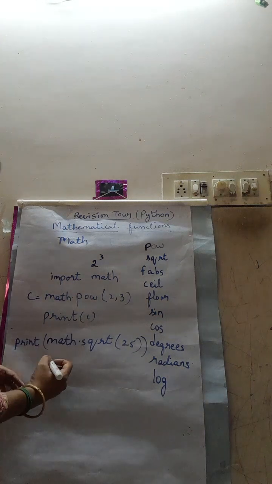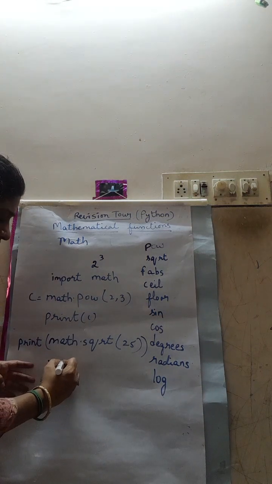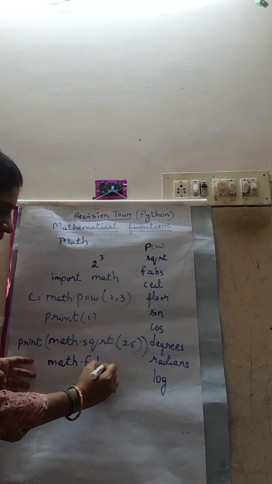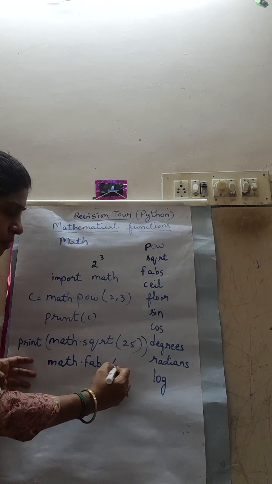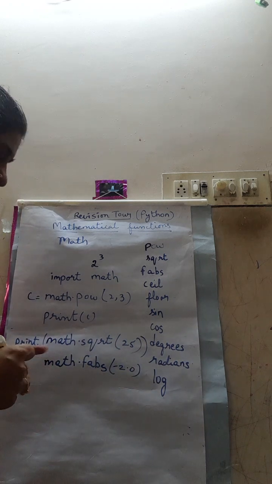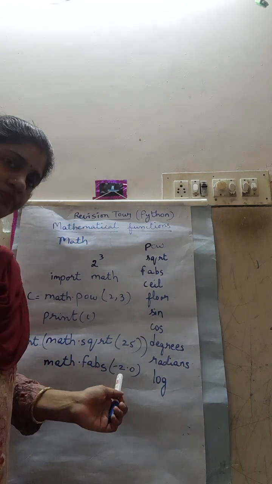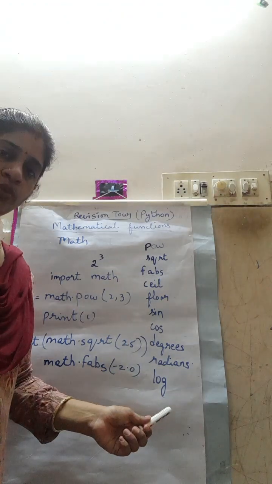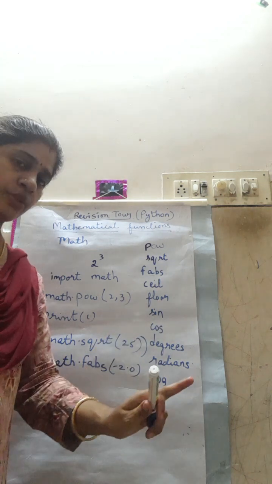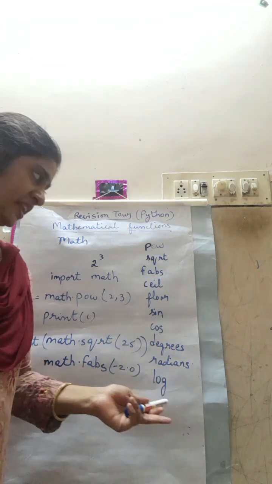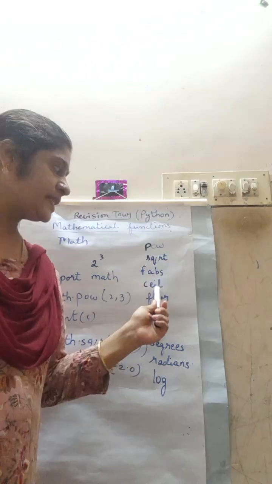So if I write math dot fabs of minus 2.0, it will return you 2.0, a positive value. Even if you pass just 2, it will convert it into floating point and return you a floating point number.